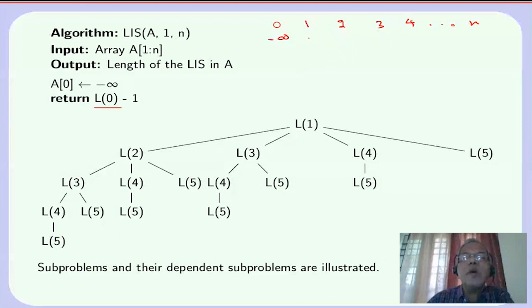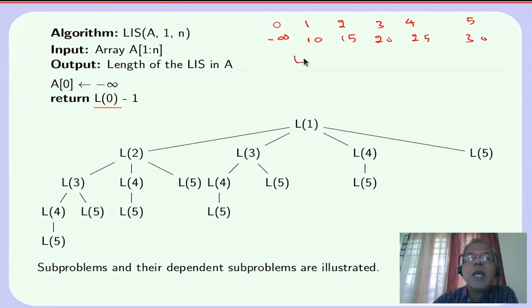Suppose 10, 15, 20, 25, 30. What is the LIS? The LIS will be minus infinity, 10, 15, 20, 25, 30. How will the exhaustive search algorithm work? This is 5. L of 0 will call L of 1.